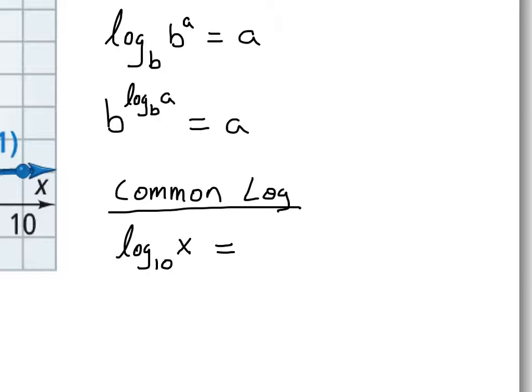But point being is that base 10 is easy to calculate, and so it was easy to make those tables. Another reason why 10 is the common log is because we have 10 fingers, 10 toes. Our entire number system is based off of 10. It's the decimal system, DEC, like a decade is 10 years. A decagon has 10 sides.